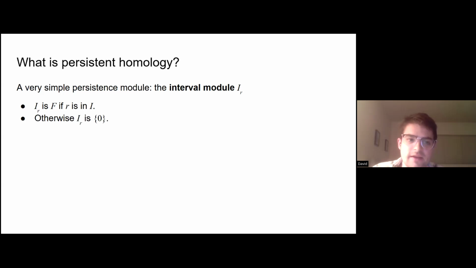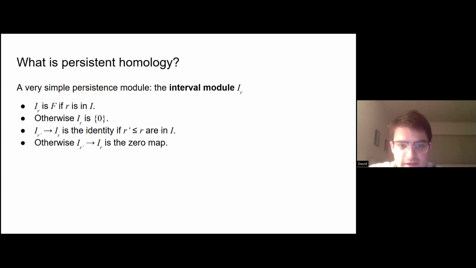Otherwise, it'll give me a copy of a zero-dimensional vector space. And then the linear maps basically are going to be the identity everywhere they can, and will be the zero map everywhere they can't be the identity.